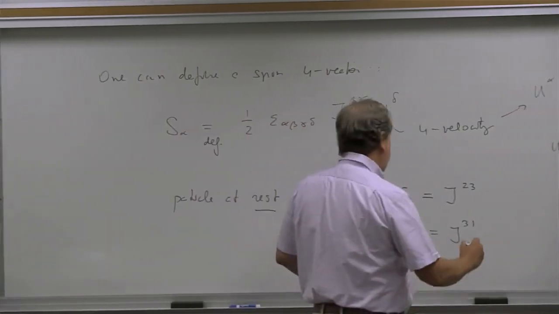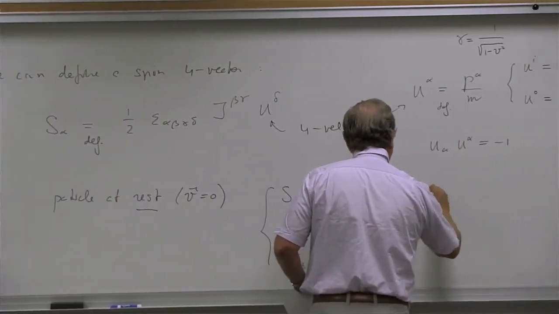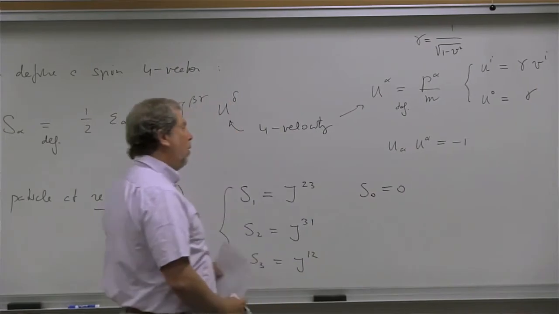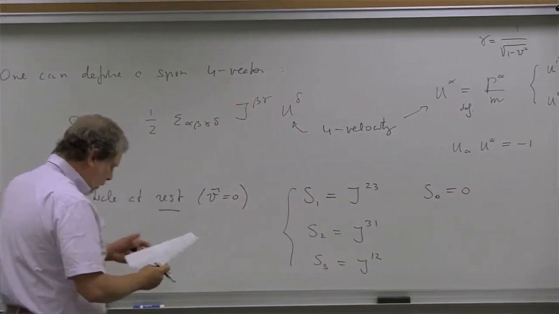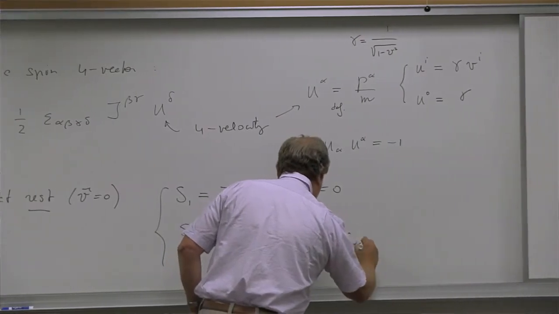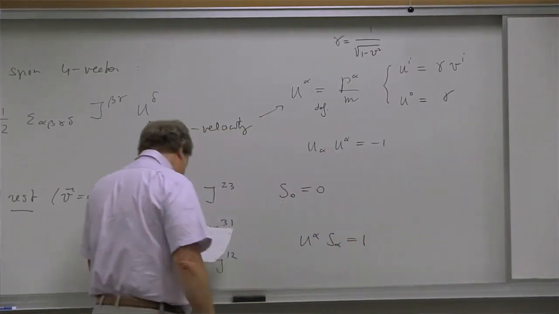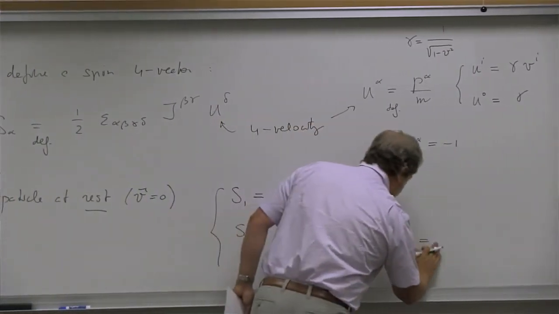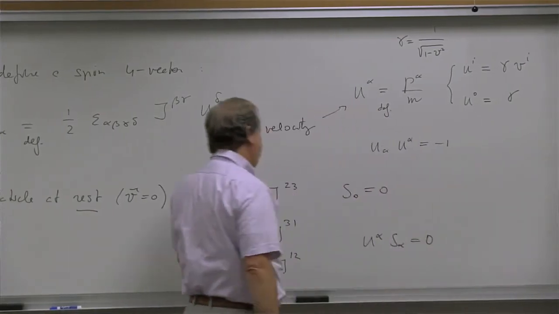And S0 is 0. You can also calculate that U^alpha S_alpha is always equal to 0, sorry, because the not component is subtracted.